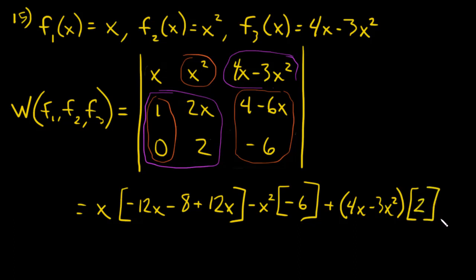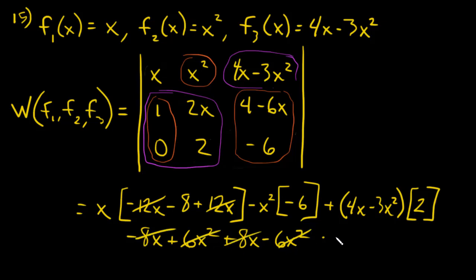2. There we go. Okay, so now what do we get? Well, we get negative 12x and positive 12x are gone, so I'm going to get negative 8x, and then plus 6x squared, plus 8x, minus 6x squared. Cancel, cancel, cancel, cancel.